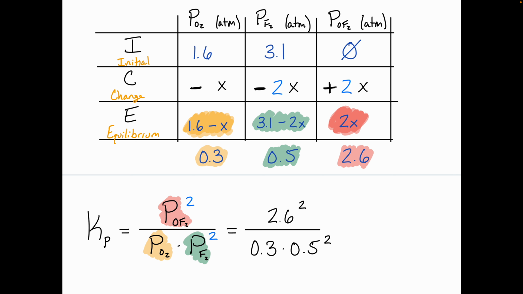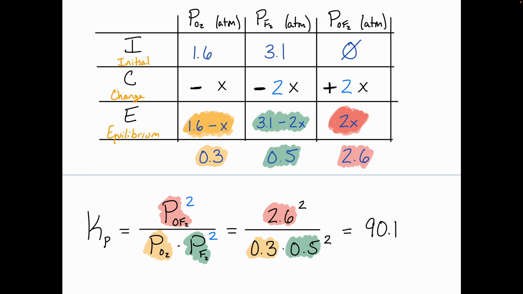All I did was go through, plug in x for each one of those equilibrium boxes to get that value, and then turn around and plug that into my equilibrium expression here. Okay, I get an equilibrium constant. We're just going to pick 3 sig figs of 90.1.